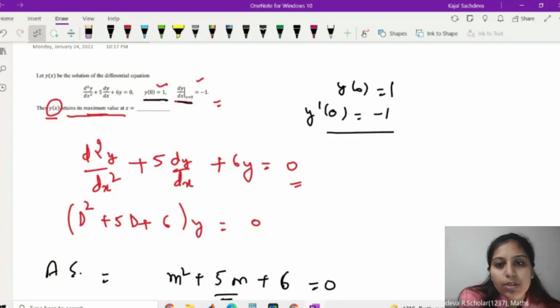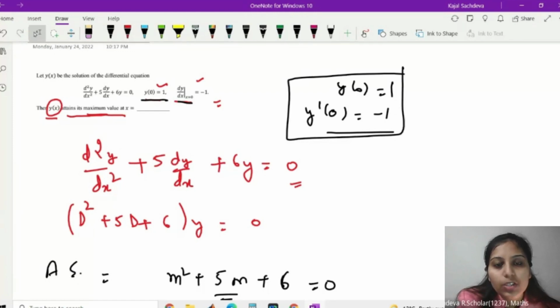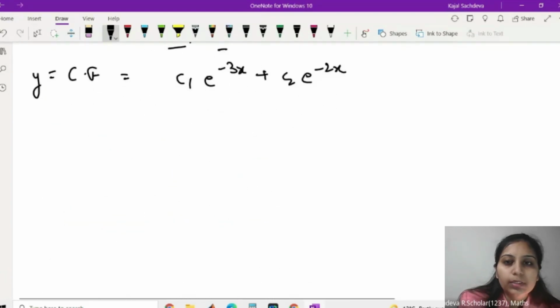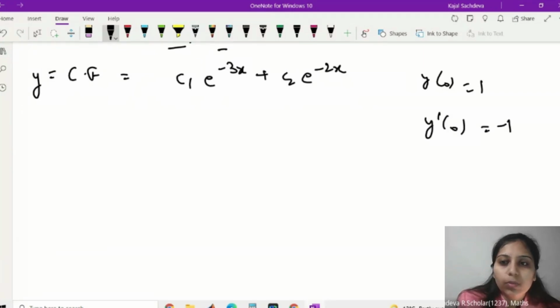So y(0) is equal to 1 and y dash 0, the derivative of y at x is equal to 0, is equal to minus 1. So just put these values.